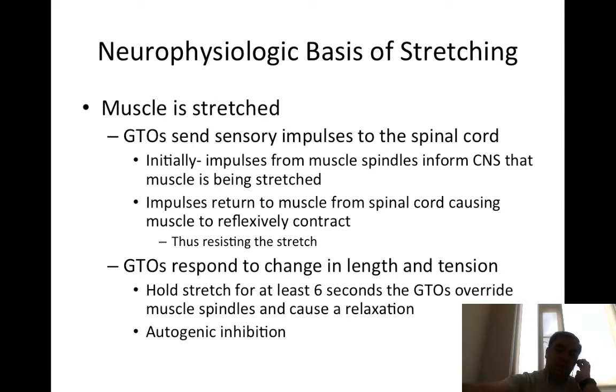So, bam, the muscle is being stretched. Initially, the impulses from the muscle spindles inform the central nervous system, brain and spinal cord, that the muscle belly is being stretched. The GTOs also send sensory impulses to the spinal cord, so both the GTOs and muscle spindles inform the central nervous system that the muscle is being stretched. Impulses return from the spinal cord to the muscle, causing the muscle to reflexively contract, a little resistance, right?